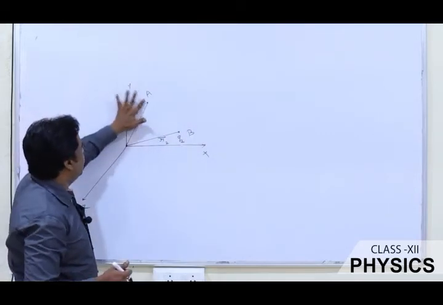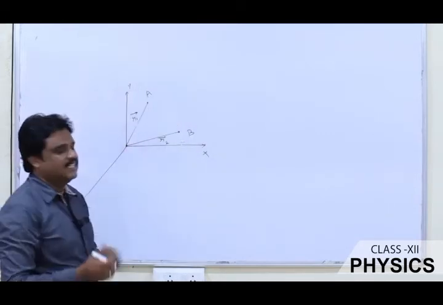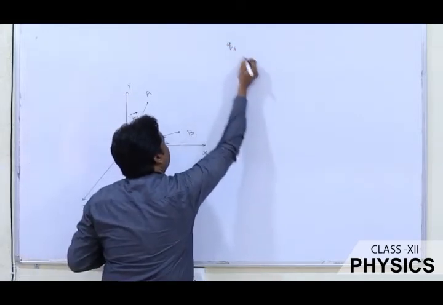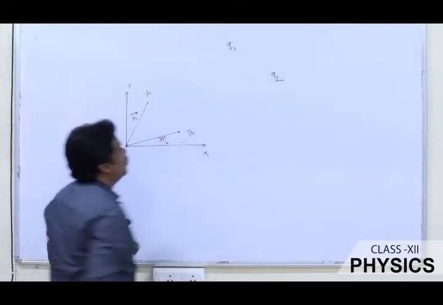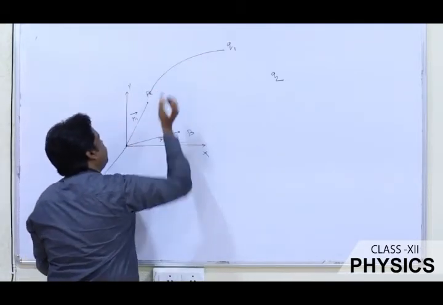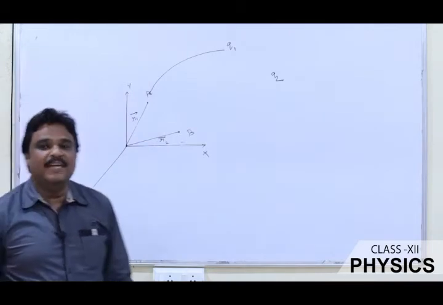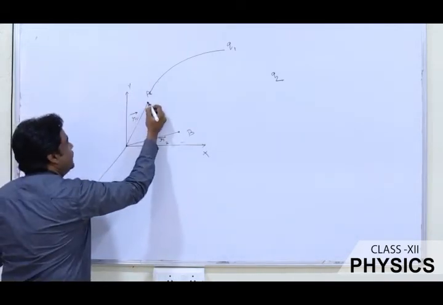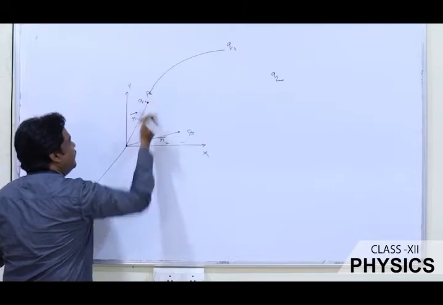So let us suppose that q1 and q2 are not in their positions. Now say they are at infinite separation apart. Now you bring q1 from infinity to A. Is there any work done in bringing q1 from infinity to A?